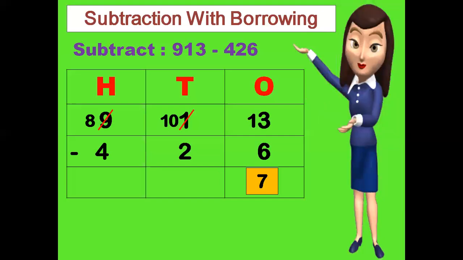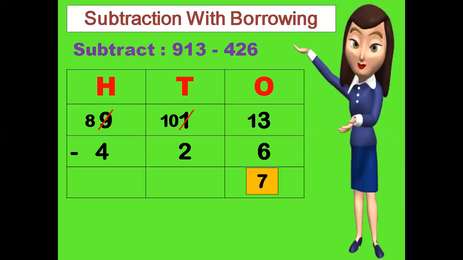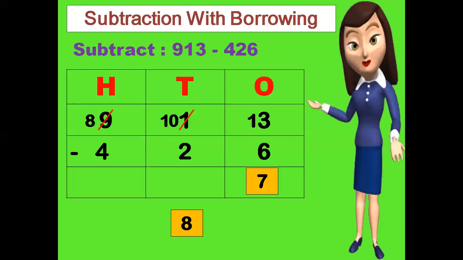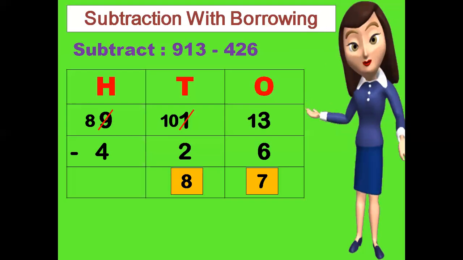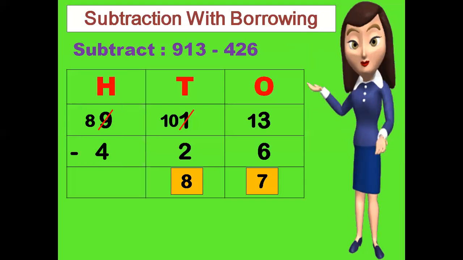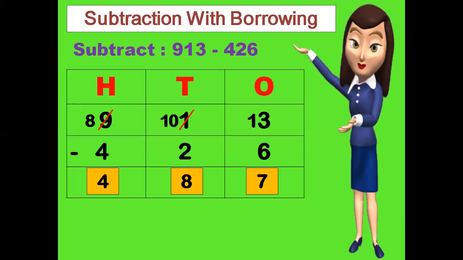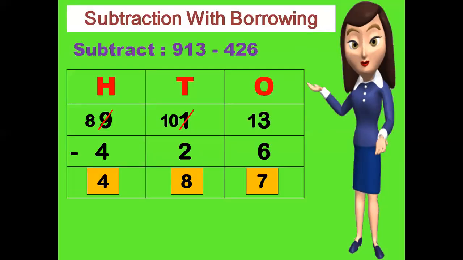Now is it possible? Yes. 10 tens minus 2 tens. We get 8 tens. Now subtracting hundreds from hundreds. 800 minus 400, we get 400. So the answer is 487.